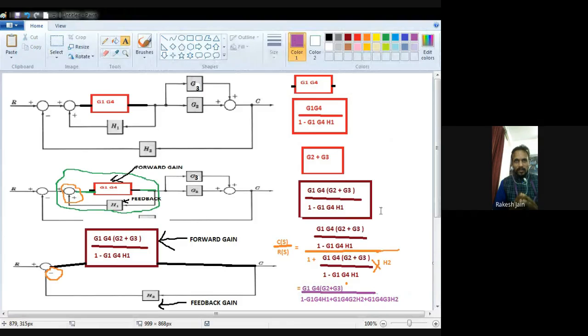So we are capable to solve this numerical because we understand all those rules of block diagram reduction and we just apply all those rules in this question. So with the help of this question I understand that you are now able to apply the block diagram reduction rules to solve our numericals.